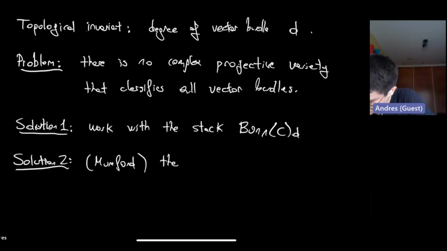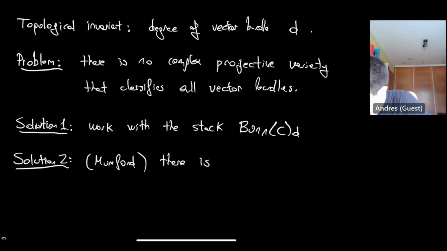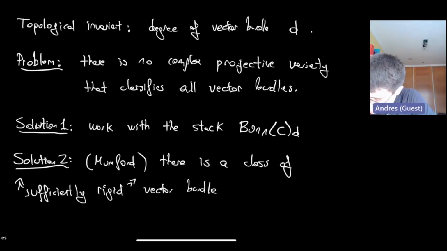So there is a special type of vector bundle. There is a class of sufficiently rigid vector bundles called semi-stable vector bundles.